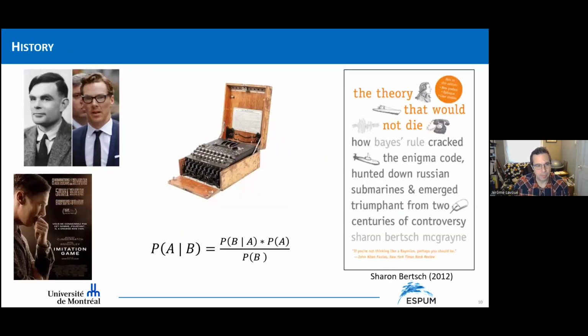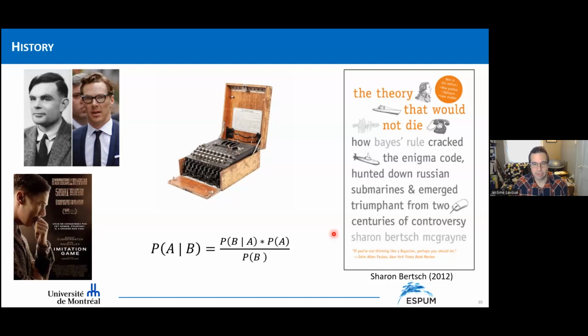So on an anecdotal side, Bayesian statistics were invented, so to speak, around the 18th century. They were developed mostly by Reverend Bayes and a French mathematician called Laplace. And they have been used increasingly over recent decades in the 20th and 21st century.